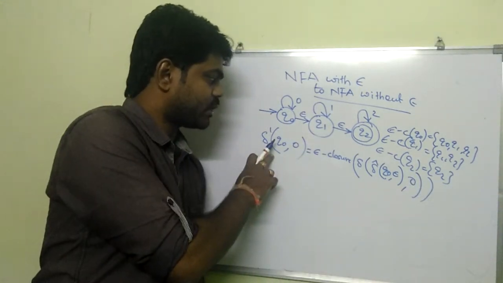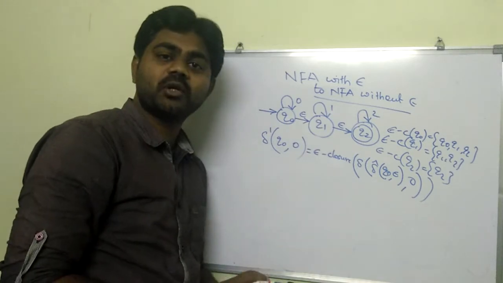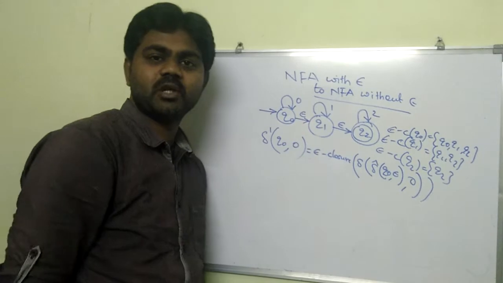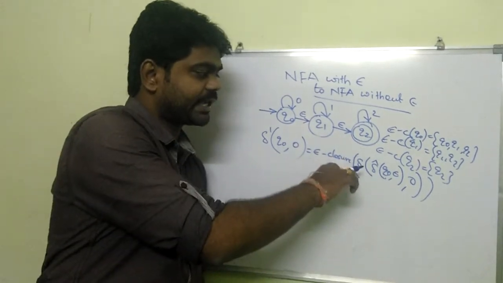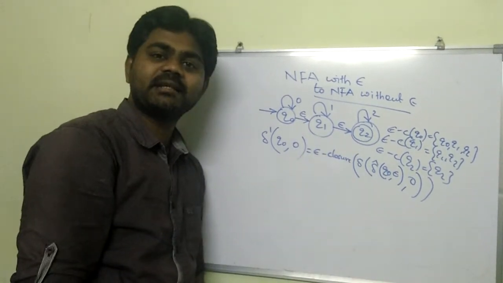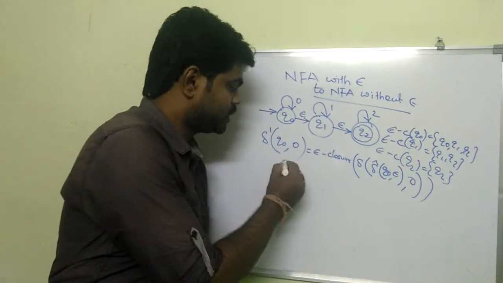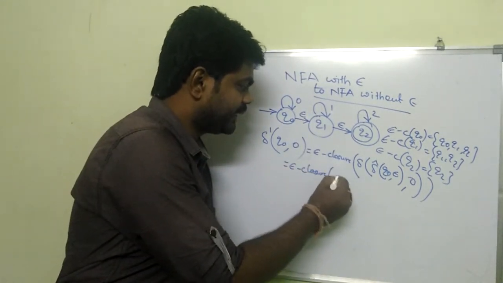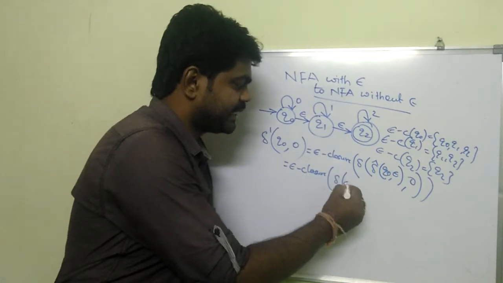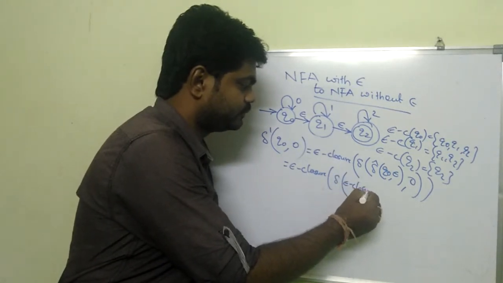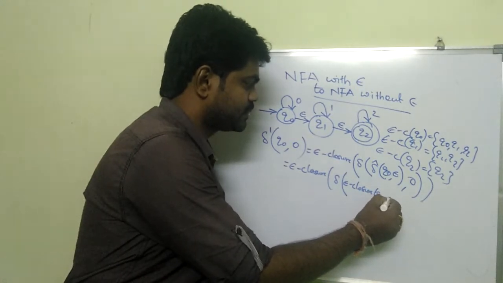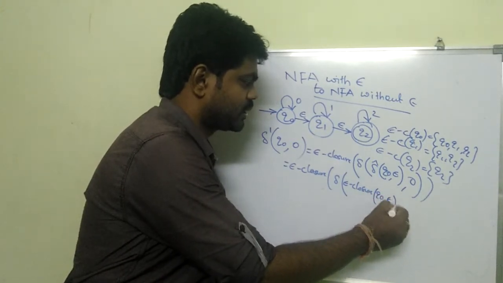Delta dash of Q naught comma 0 equals epsilon closure of delta, where delta is the NFA with epsilon, of delta cap of Q naught comma epsilon comma 0. Here delta cap is again the epsilon closure, so epsilon closure of delta of epsilon closure of Q naught comma epsilon comma 0.